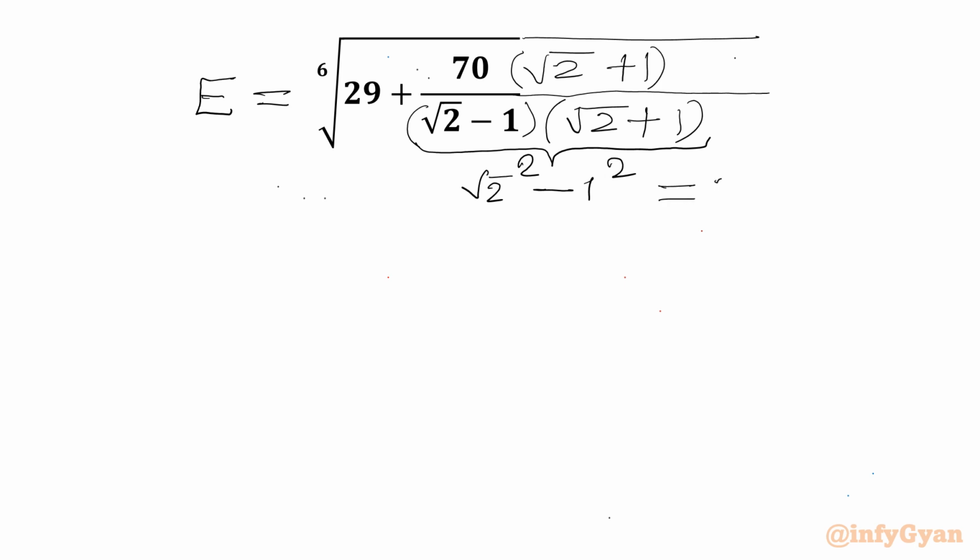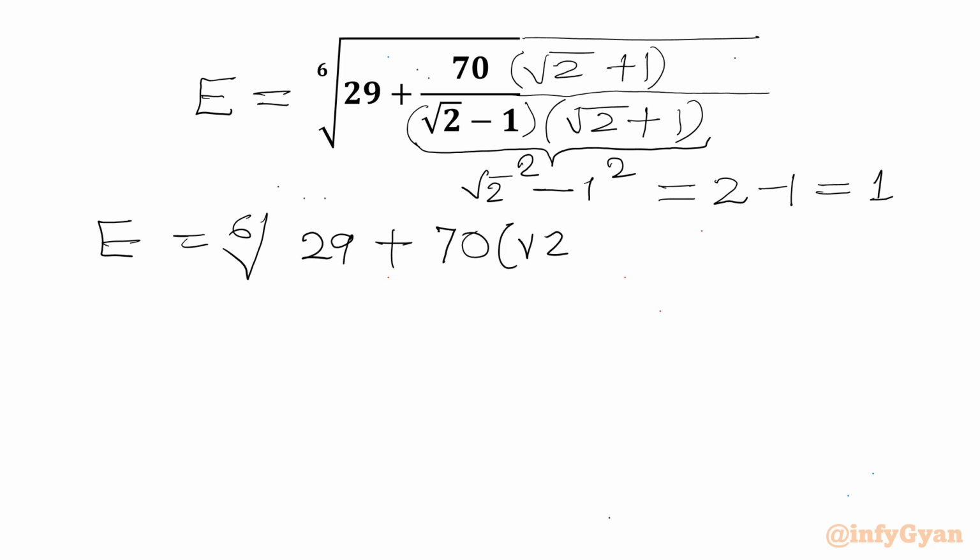This will be equal to 2 minus 1. So our denominator will become 1. So I can write E equal to 6th root of 29 plus 70 square root 2 plus 1.